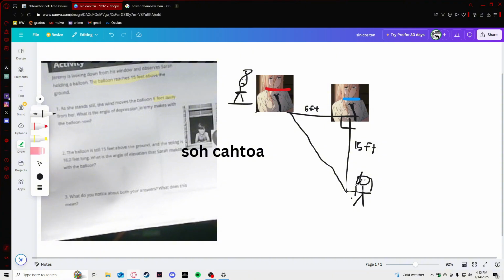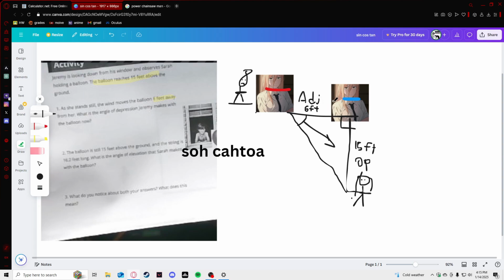The angle of elevation, we would be looking this way, but because we're learning depression, it's going down. So we're gonna go there and then down. So that means this 15 is opposite, and the 6 foot is adjacent.